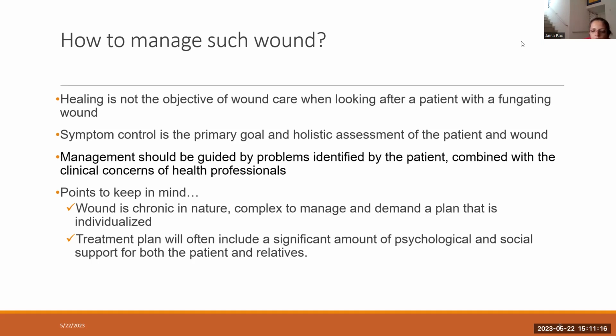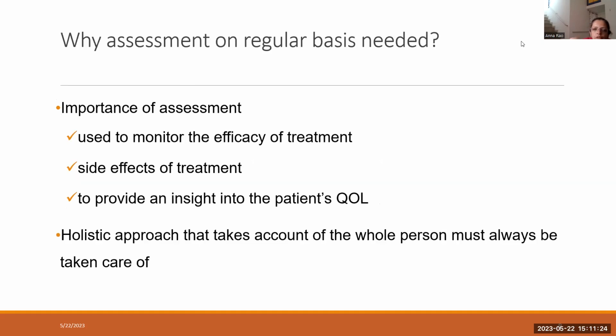So here a lot of psychological and social issues will also be there in both patients and relatives. So things are getting very complicated. What is the importance of assessment? Of course, we need assessment.